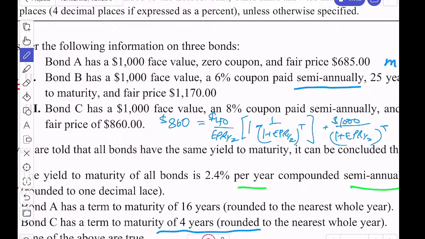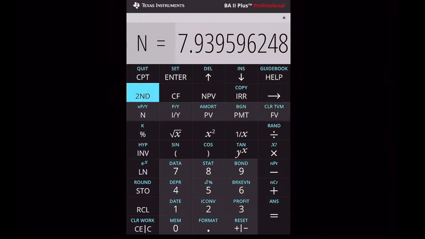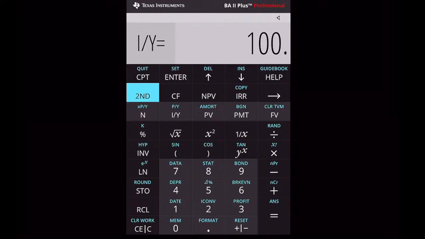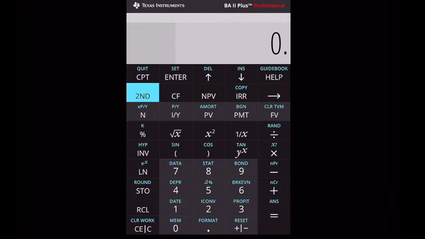So $860, $40, and we already have the rate stored.